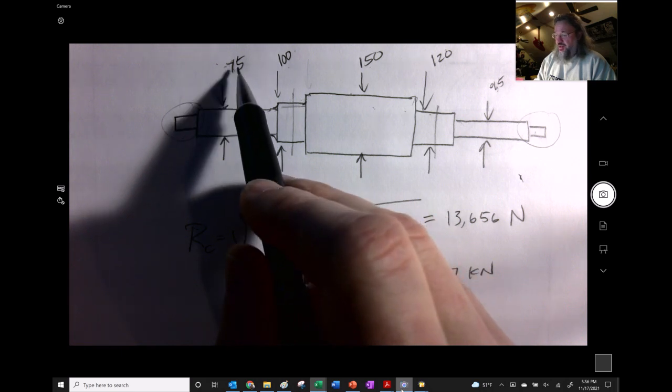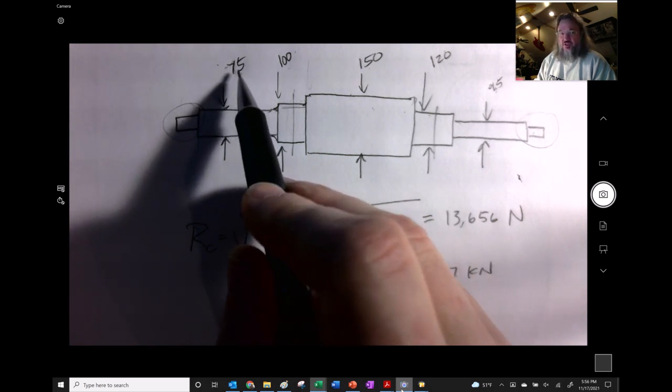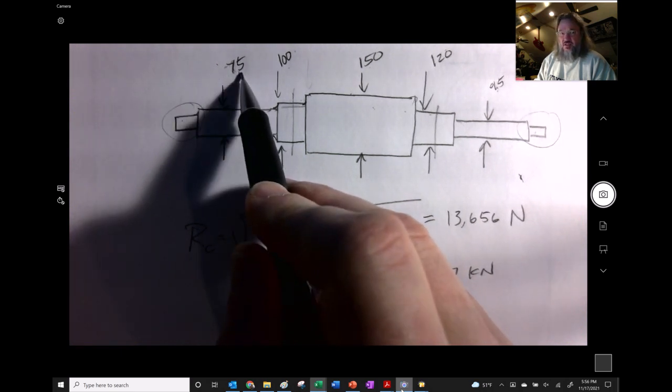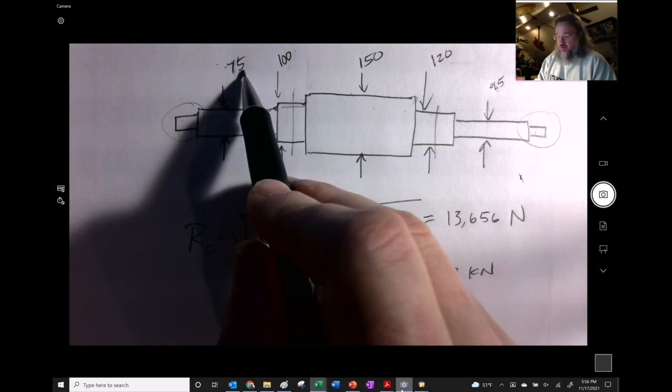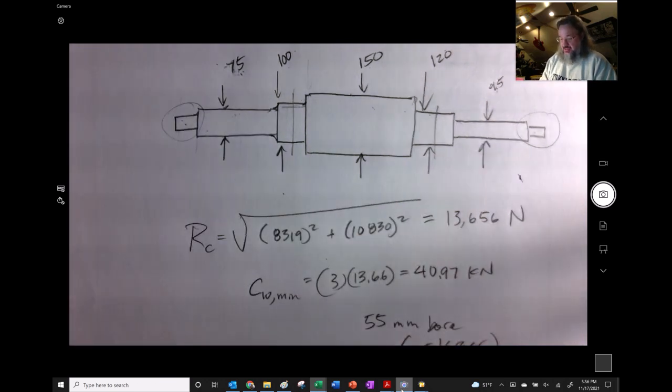So we might actually want to, just for the sake of the bearings, go up to 80 right here, and then we could go to 60. 60 and 80 gives us 1.33, and 95 and 60, whoops, that's the 1.5. So what about the 80 and the 65?